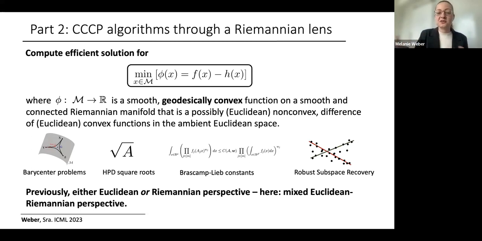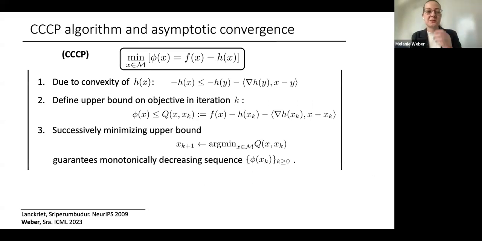Here we're taking a mixed perspective where we are analyzing the fast Euclidean algorithm, but the tools that we're using for the analysis are geometric tools, tools that exploit the geodesic convexity of the problem. The algorithm that we are analyzing is not new in our work. It's a class of algorithms that's been very popular and has been used in many different settings. It's called the CCCP algorithm, the convex concave procedure.